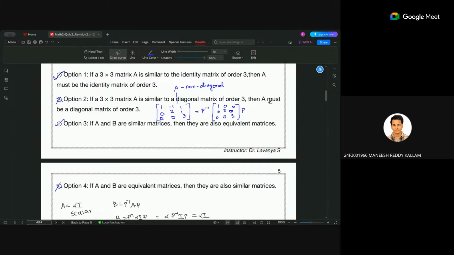Yes, maybe a diagonal. It does not make sense if you put this, because a diagonal matrix similar to a diagonal matrix does not make sense. If there is a possibility, but "must" should not be used there. Yes, okay, clear.